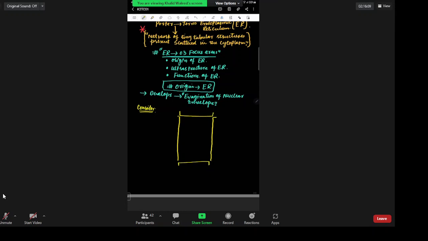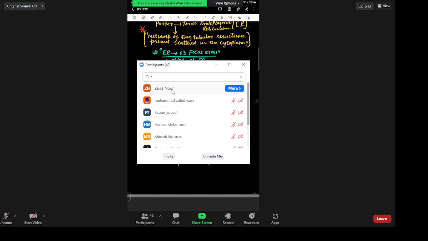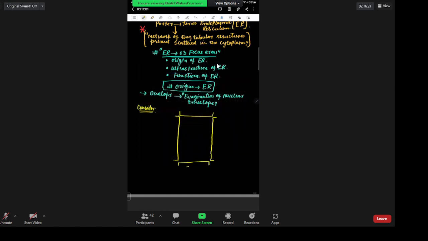Endoplasmic reticulum. Suppose we have a cell over here. In this cell, beside cell wall, suppose this is the cell wall.